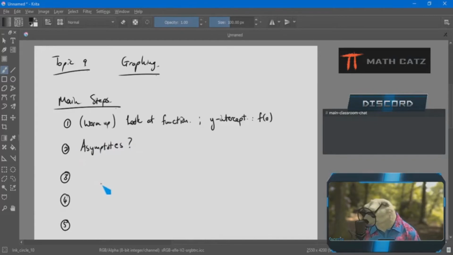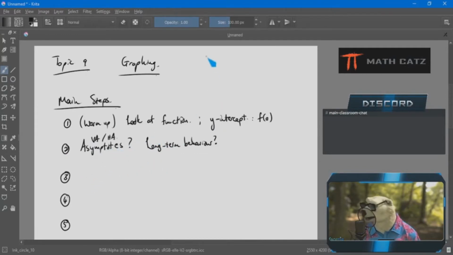Are there any asymptotes? What is the long-term behavior? Even if the y values go up to infinity, I want to know what is happening long-term. Now, asymptotes can be vertical asymptotes or horizontal asymptotes, right? So there are more sub-questions within this step 2. Fair enough. But it's the topic of asymptotes and long-term behavior.